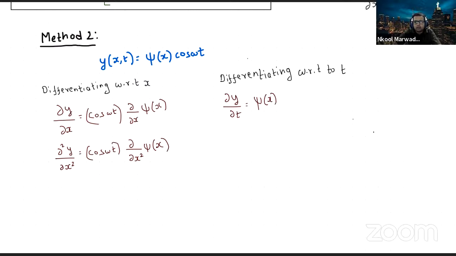And I know differentiation of cos theta is minus sin theta. Minus sin omega t, and omega t, I differentiate, I will get omega. So it will become minus omega sin omega t. Okay. I can differentiate it one more time.